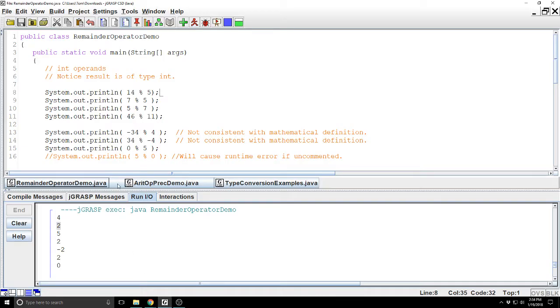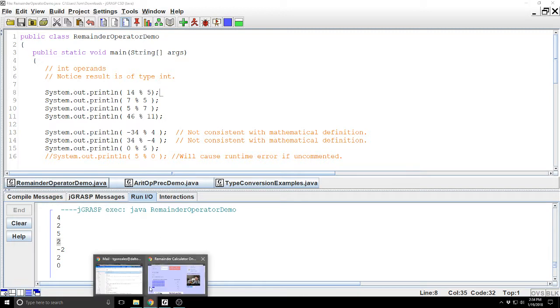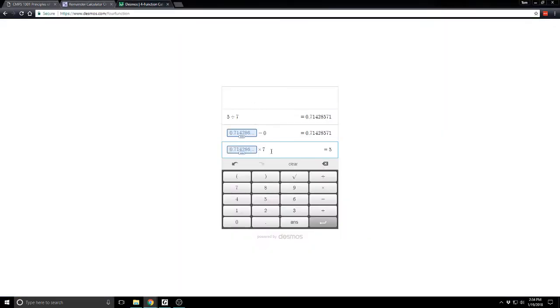And that's exactly what Java has there. And on the calculator one more time: 46 divided by 11. Subtract off the whole number part. And times back by the number that you were dividing by. You get 2.